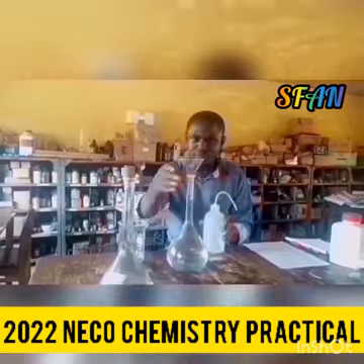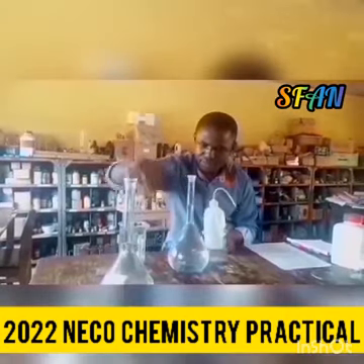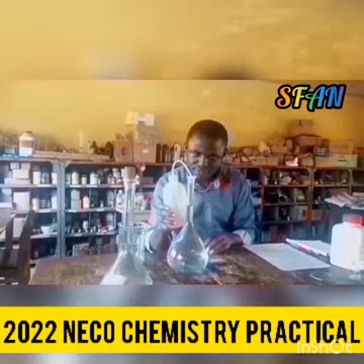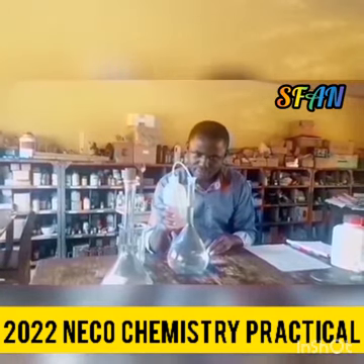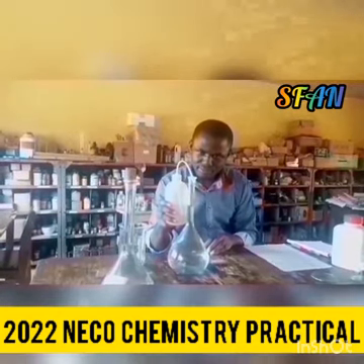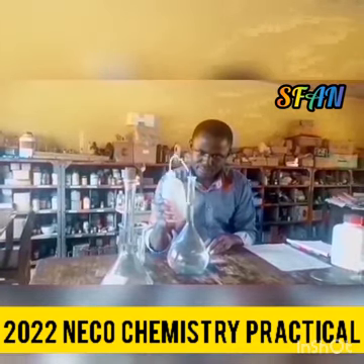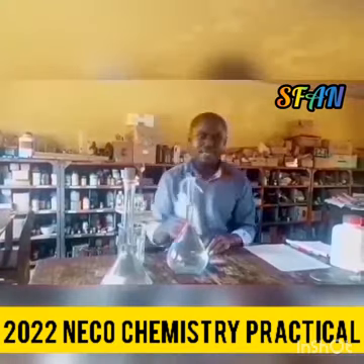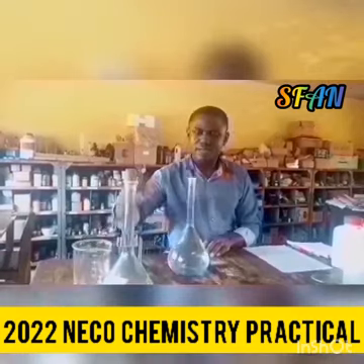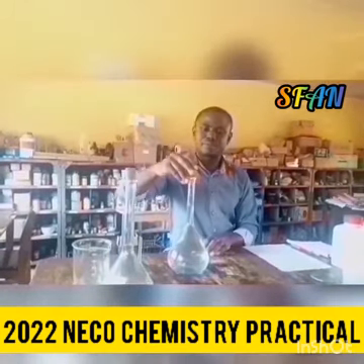Okay, I'm almost there. I have to remove my funnel and carefully add the rest. Okay, so I have my 1000 cm³, that's my 1 dm³.